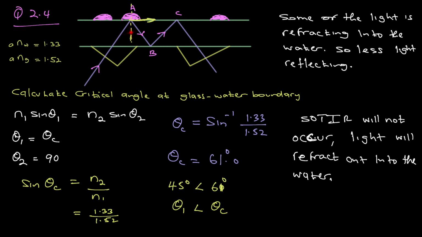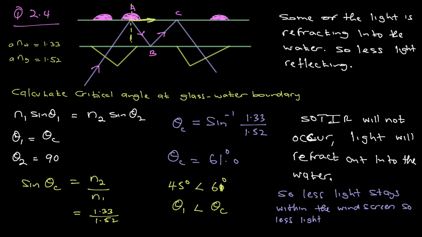But because it's 45, less than 61, it's refracted into the water. So we're losing some light into the water, so less light stays within the windscreen, and less light is detected at the sensor.